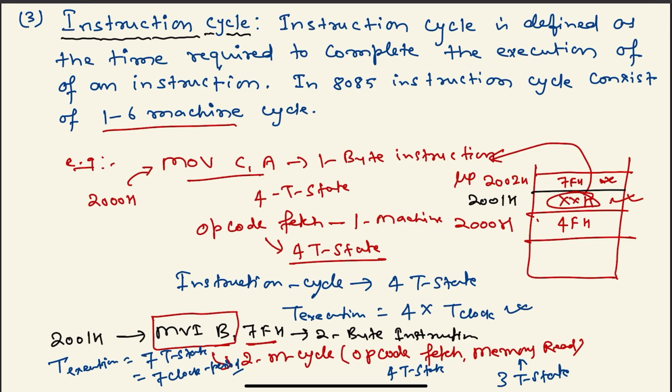It is not fixed for all instructions and will differ from instruction to instruction, but a minimum of one machine cycle, that is 4T states or 4 clock periods, is required. It may be more than that depending upon the instruction's operation as well as the number of machine cycles and T states required. In this way the instruction cycle is clarified.